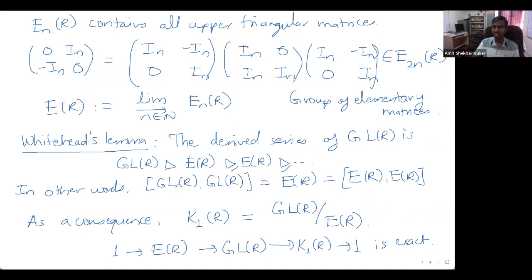Whereas for this one, we have to work a bit, to show that the commutator subgroup of GLR is actually that. Now, we might ask, what about a general invertible matrix A? If the determinant is defined, then A can have any arbitrary determinant, which is just an invertible element. However, the determinant of A times the determinant of A inverse is 1.